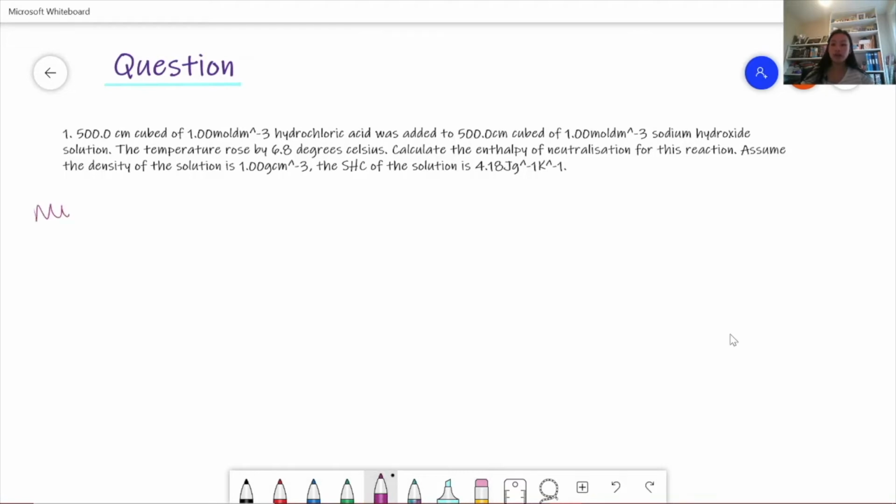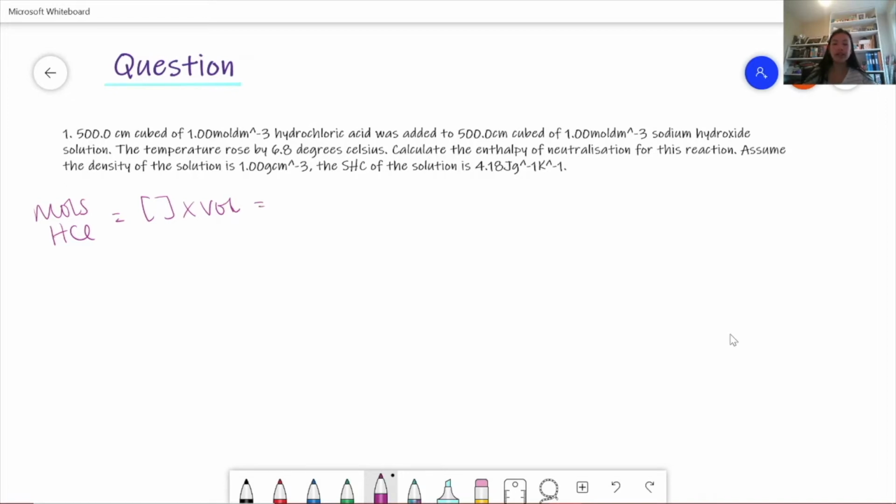So the moles of hydrochloric acid equals the mass over the molar mass. So actually, for this one, we use concentration times volume because we're not given the mass. So we have concentration times volume, but these have to have the same units. So we're going to use decimeters cubed.